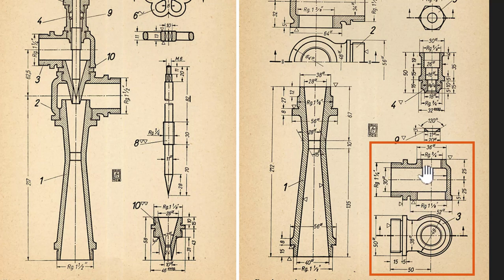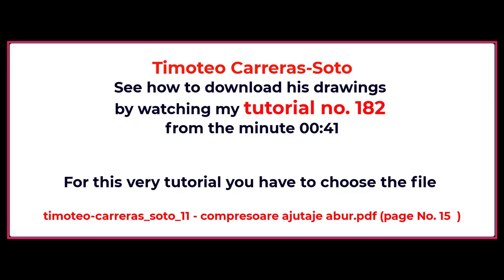No problems with difficulty. This is for beginners, my friends. This part is taken from Timoteo Carrera Soto drawings, and you can download every drawing from Timoteo by watching my tutorial number 182.